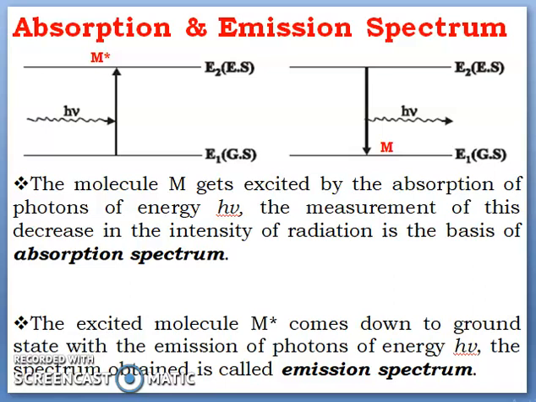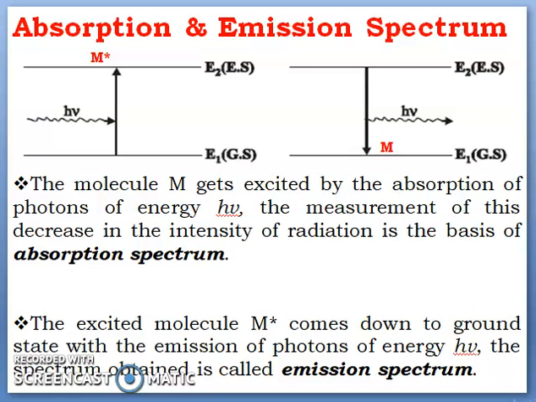The molecule M gets excited by the absorption of photons of energy h nu. The measurement of this decrease in the intensity of radiation is the basis of absorption spectrum.